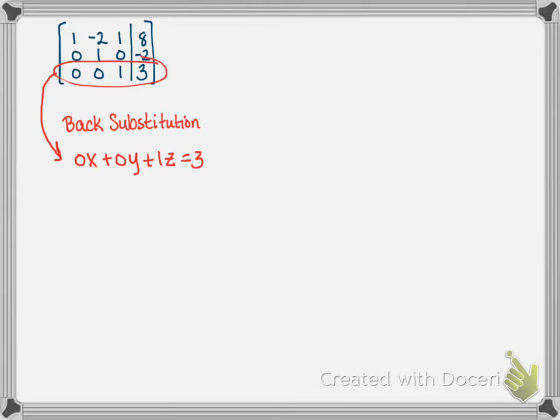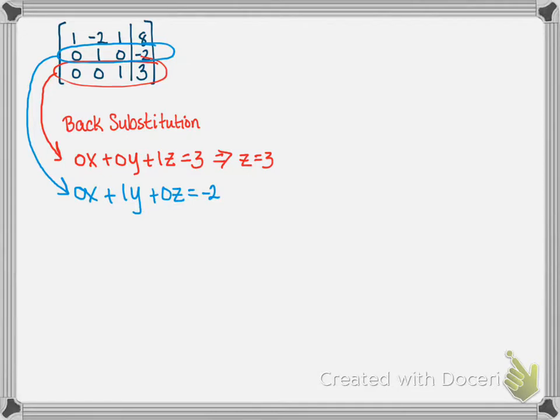Or in other words, the zeros go away, and I just have that z is equal to 3. The second row becomes the equation 0x plus 1y plus 0z equals -2. Or in other words, with the zeros going away, y equals -2.